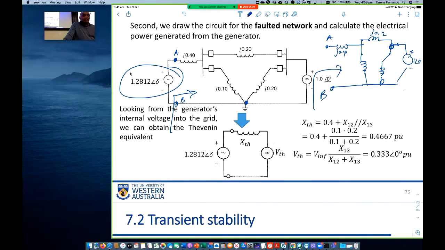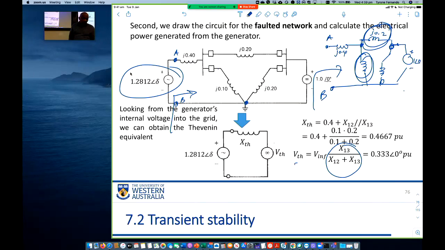So 1 angle 0 is going to get divided over those two reactances, a voltage divider.